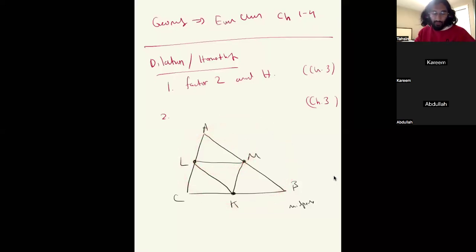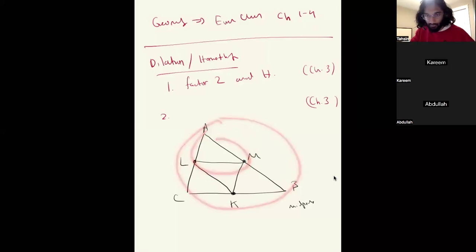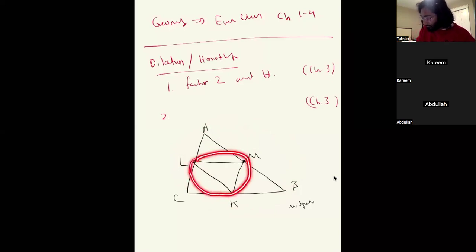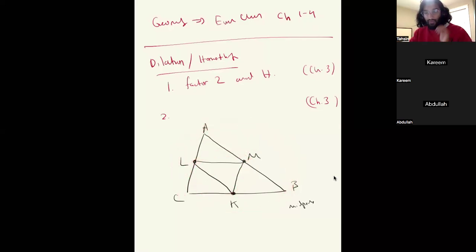Still, you should convince yourself that the circle ALM is tangent to ABC. But the interesting dilation in this picture is the one that takes this circle to this circle. Do you know what its center is?